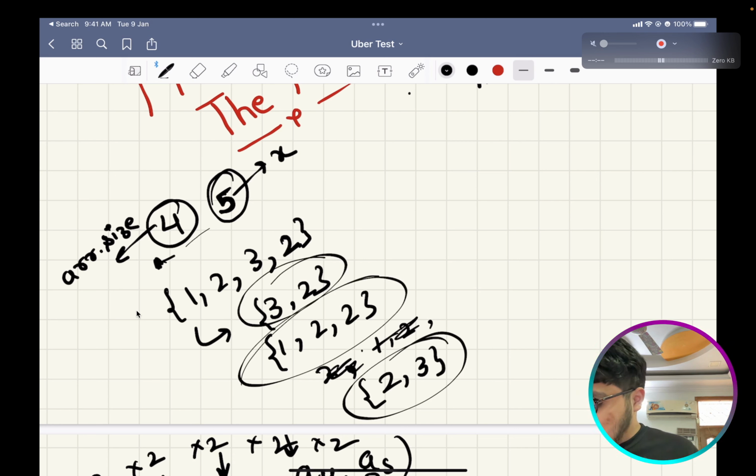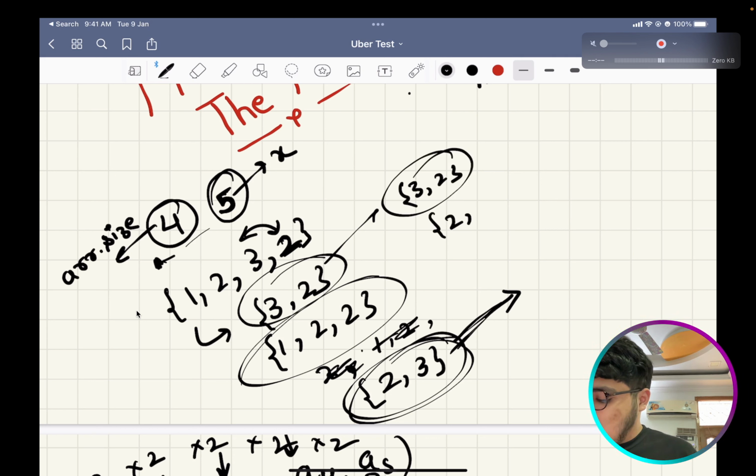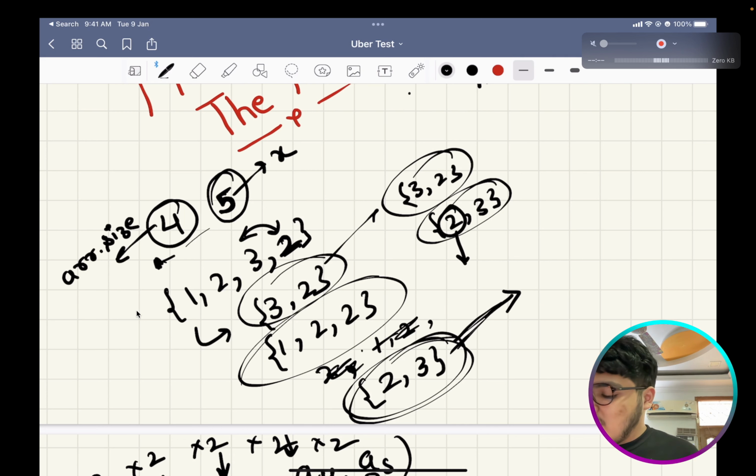These three possibilities are there, and mind it, these two are different because of the positional ordering of the 2. 3 comma 2 is different from 2 comma 3 because once in one subset you have chosen this two, and in another one you have chosen the other two.